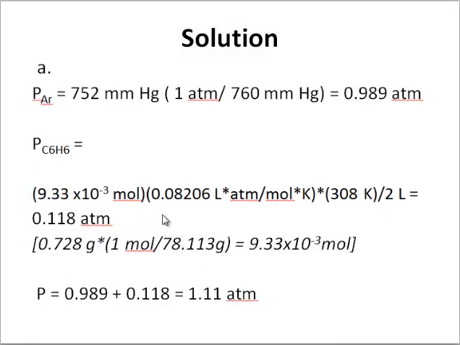The moles here are calculated from 0.728 grams of benzene by converting from grams to moles. Total pressure is 0.989 plus 0.118, or the argon pressure and the benzene pressure in atmospheres, or 1.11 atmospheres.